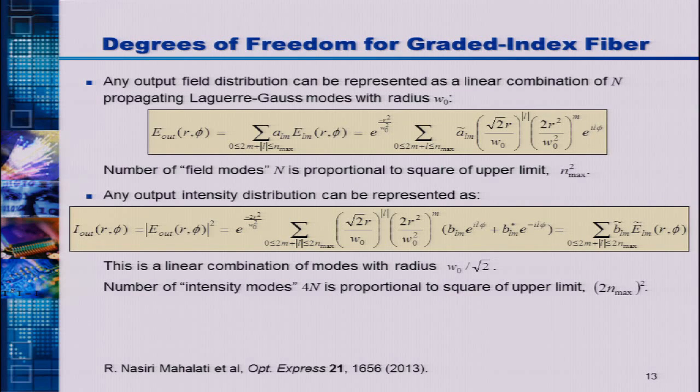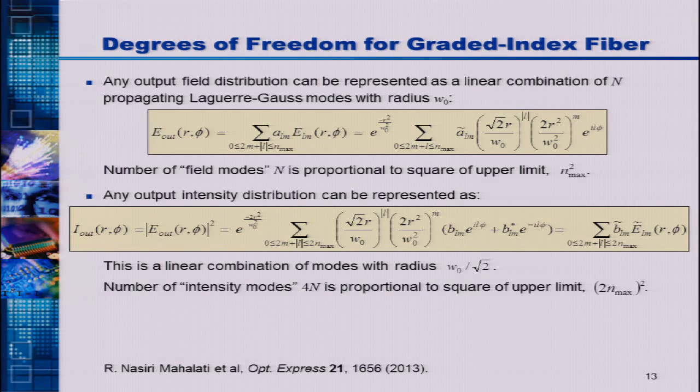Now let's say that we take a linear combination of modes and we look at its intensity, which means we take the modulus squared. Then we want to express it mathematically as a linear combination of Gauss-Laguerre functions. We can do that. It turns out that because of the squaring, the beam waist size is a factor of square root of 2 smaller.